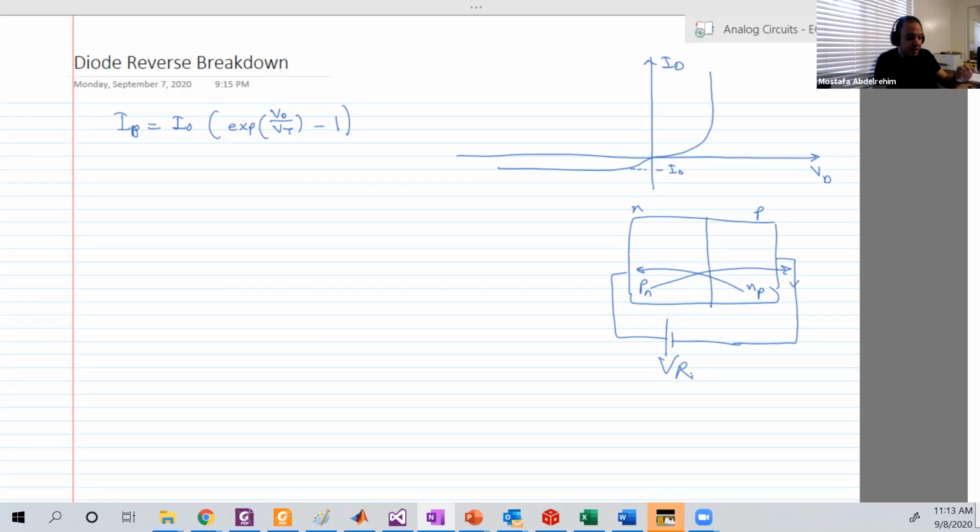They found that at some value of VR, something called breakdown happens. For all these values here, the current is minus I naught until some value called the breakdown voltage, where a break happens. The reverse current exceeds minus I naught in the negative direction, of course.